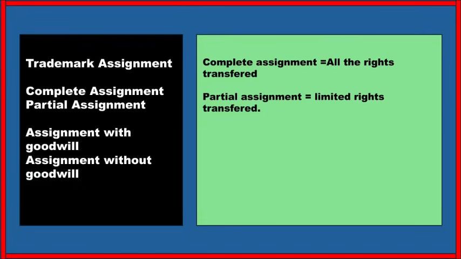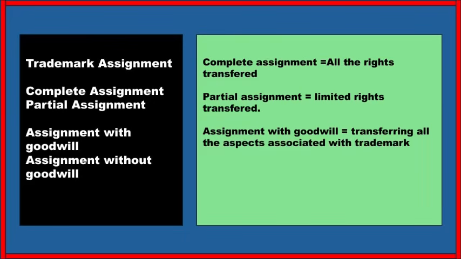Now let's move on to assignment with goodwill and without goodwill. If you assign a trademark with goodwill, you are transferring all aspects of the trademark. That is the mark, the reputation, and the business identity attached to that trademark. After assigning your trademark with goodwill, you stop using that mark. There is a total transfer of value.